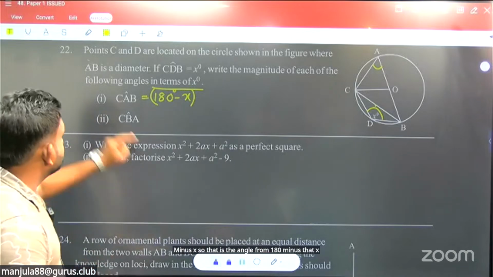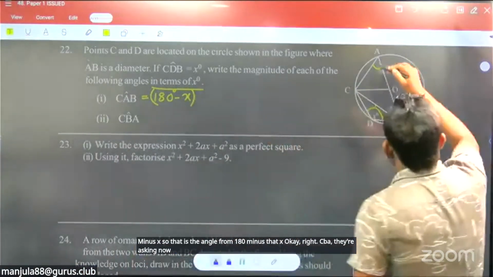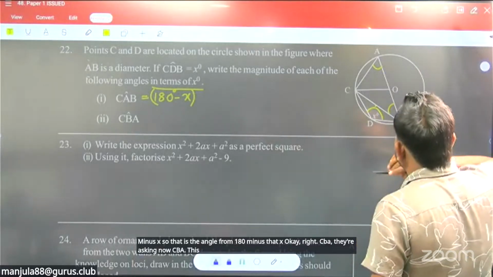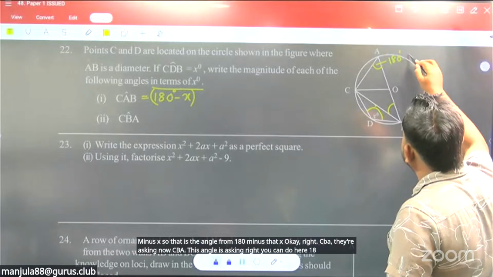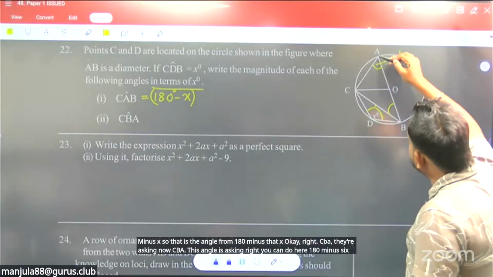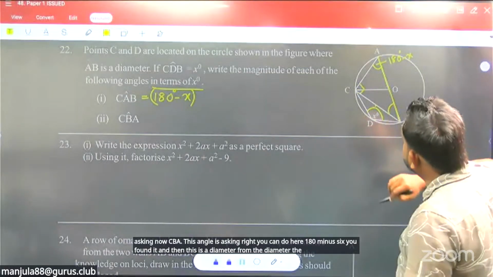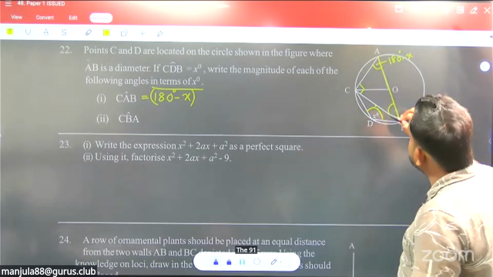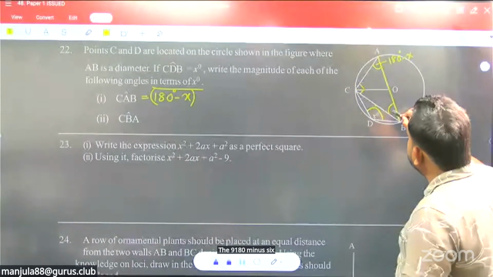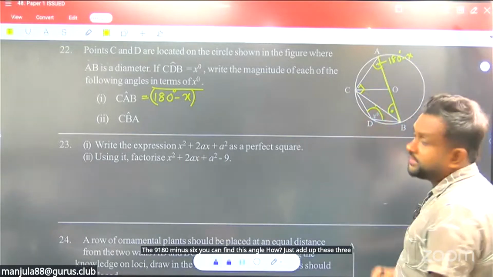Okay, right. CBA they are asking now. This angle is being asked, right? You found 180 minus X here, and then this is a diameter. The angle subtended on the semicircle by the diameter is 90 degrees. Then with 90 and 180 minus X, you can find this angle. How? Just add up these three to 180.